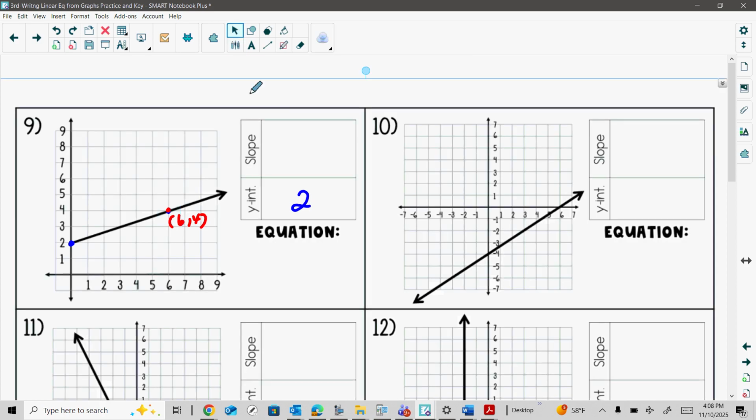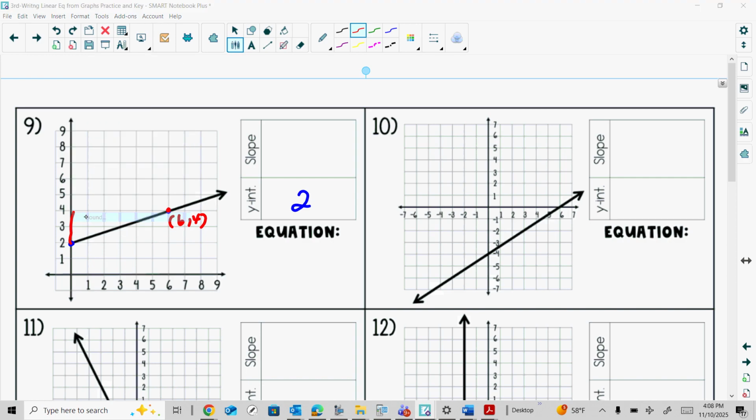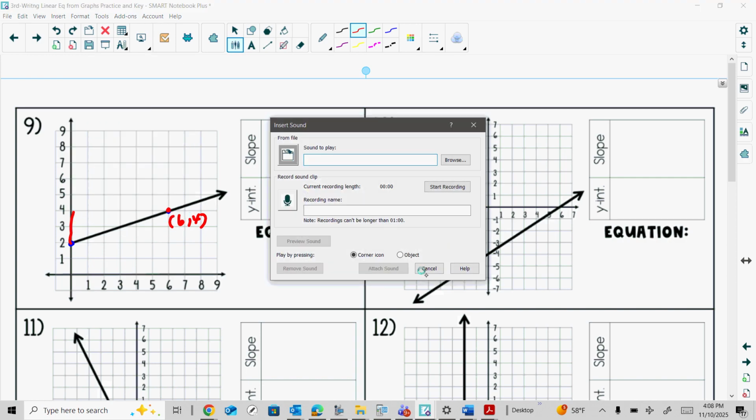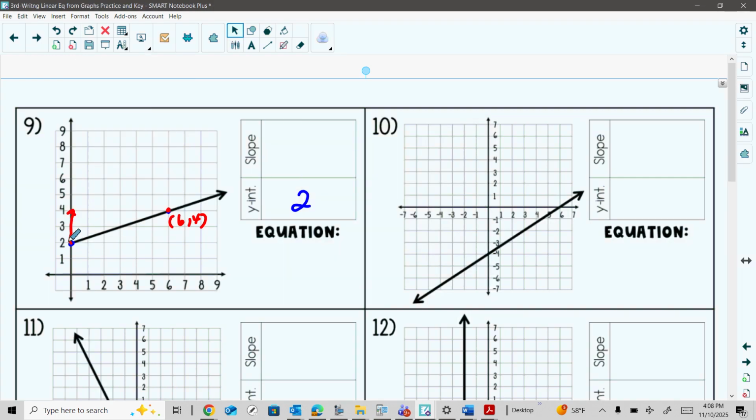So when I count my rise over run from the y-intercept, I'm going up 2, and then to the right, remember we're counting these lines here. 1, 2, 3, 4, 5, 6.